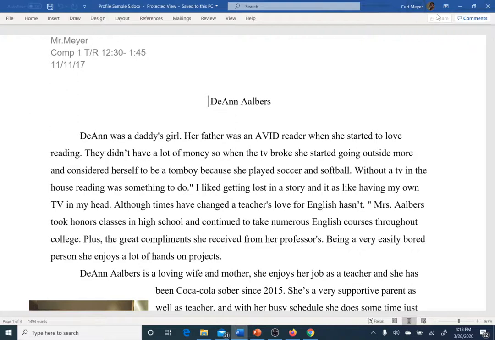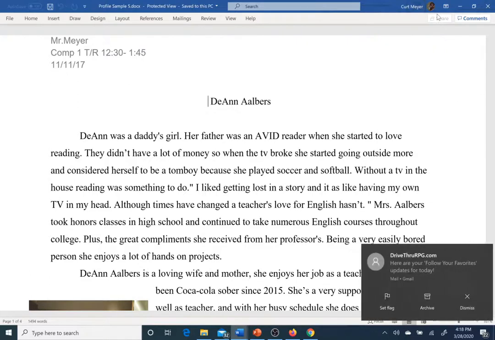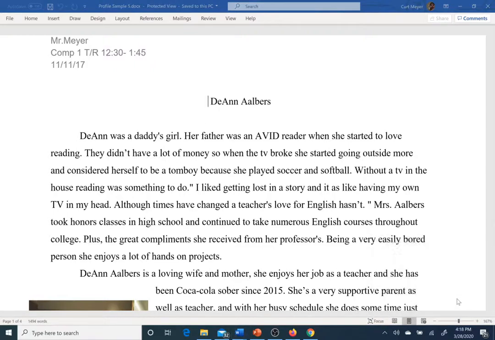In this case, the student's aspiring to be a teacher, and this particular teacher had a very strong influence on the student, and so the student chose to profile this teacher. Gives a really rich background into who the teacher is and what the teacher values and so forth.